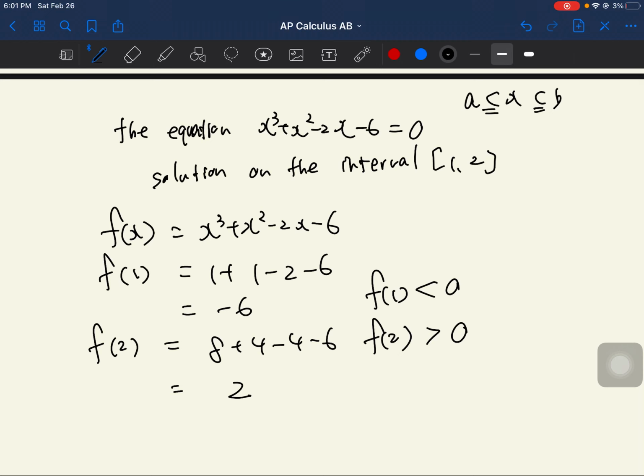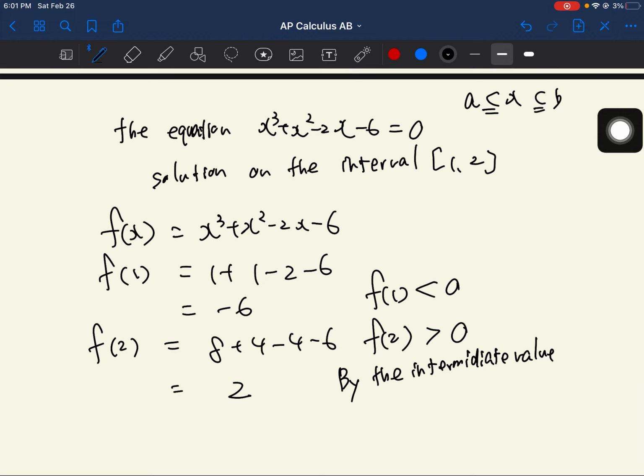So now you proved by the intermediate value theorem that this function has a solution on the interval between 1 and 2. Yeah, you have to write it here if you want to answer properly, but this is how it works.